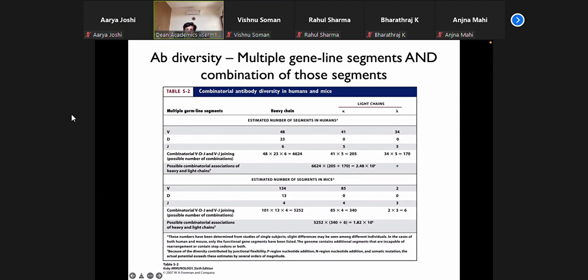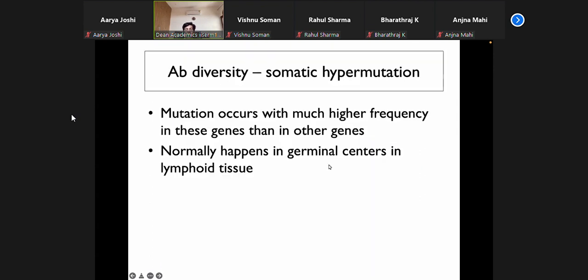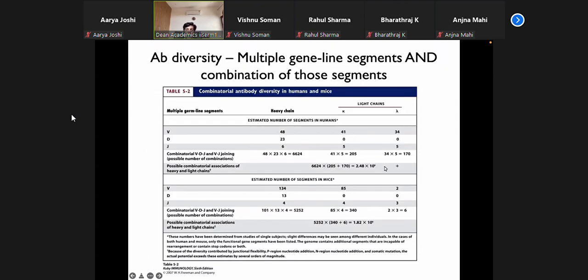All those phenomena are not considered in this table. Okay, just by simple math, you can generate millions and millions of specificities. And obviously, as we showed in one of those slides, the estimated number was close to 2 times 10 to the power 15. So that means the other processes are also playing a major role, right?